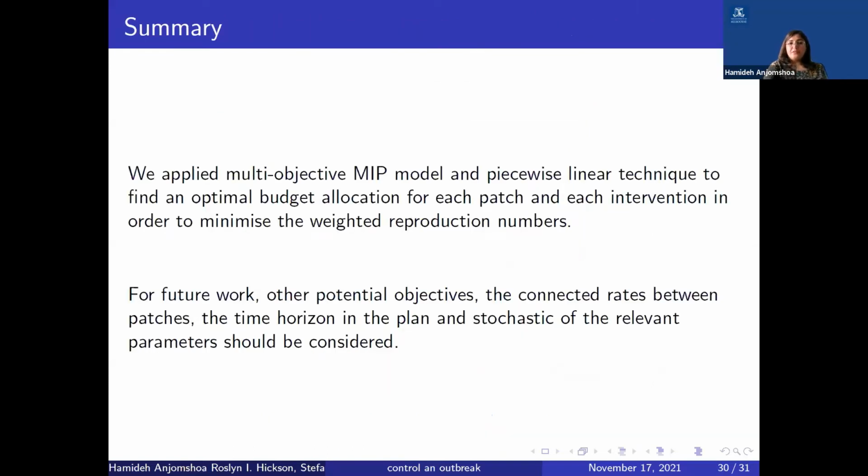Okay, so in summary, we applied a multiple objective mixed integer programming model, and also applied piecewise linear functions to find the optimal budget allocation for each patch and each intervention, in order to minimize our goal, which was the weighted reproduction number.